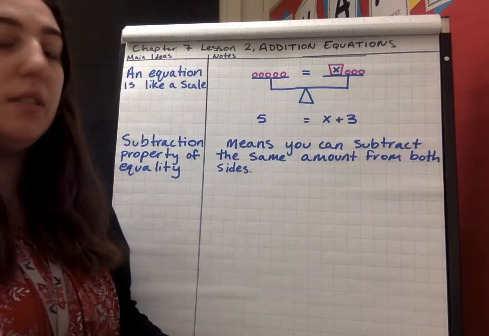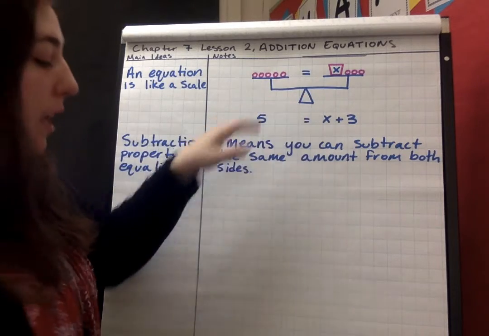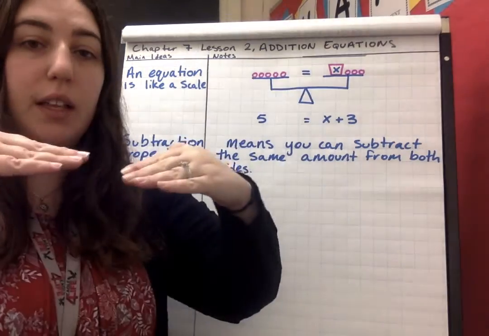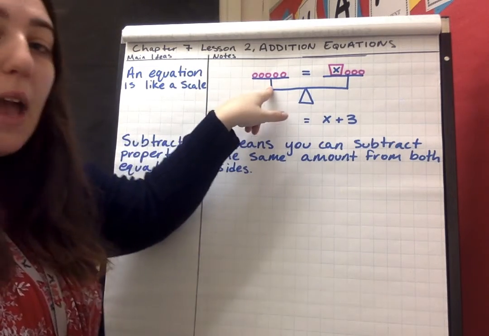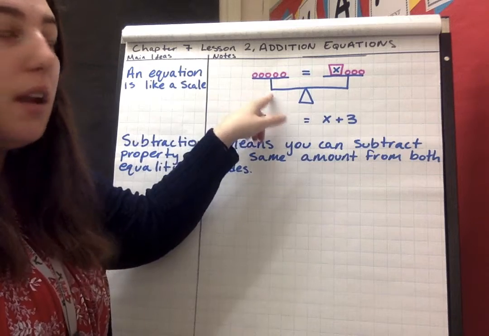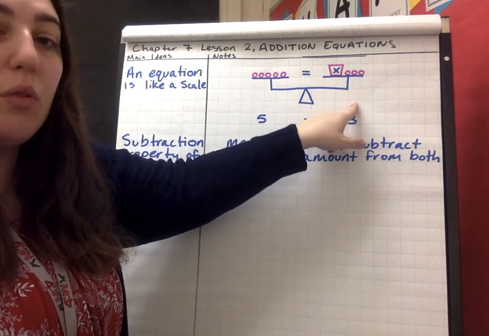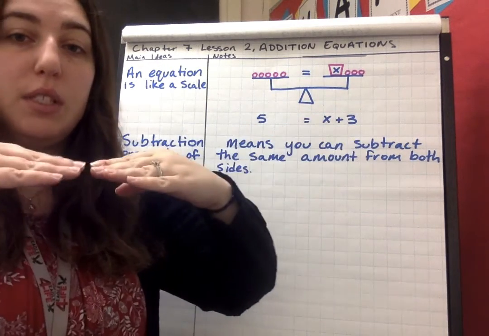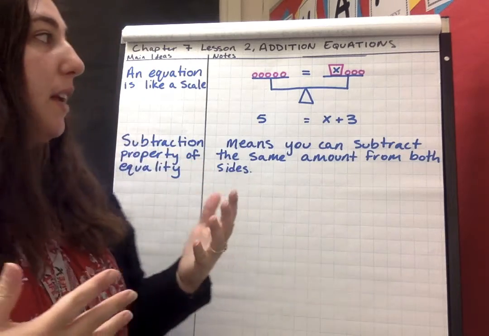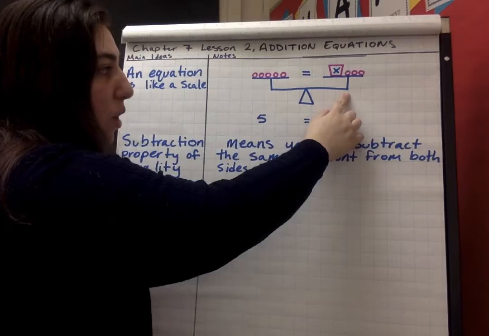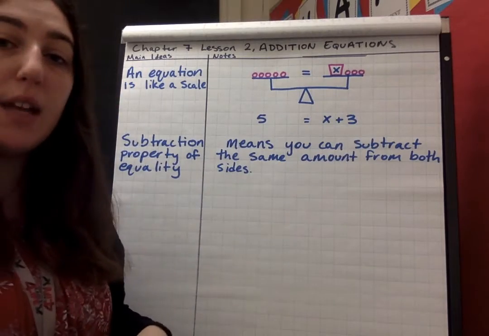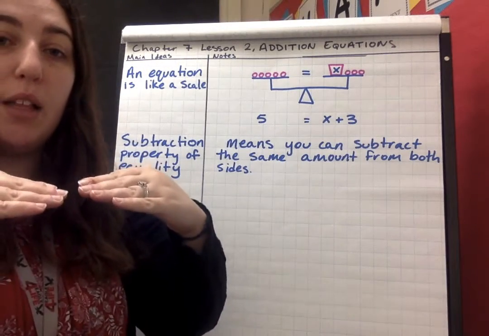What that tells us is if we look at our scale, right now it's balanced, okay, but if we were to take one counter away from this side, and if we were to take one counter away from that side, it would still be balanced. So what it's saying is, if we take one away from this side, we have to take one away from that side to make sure that it's still equal and balanced, okay?